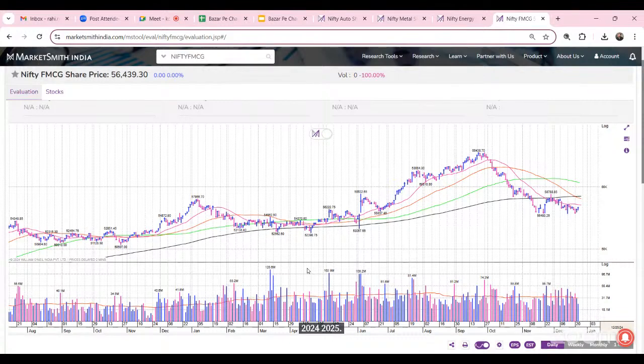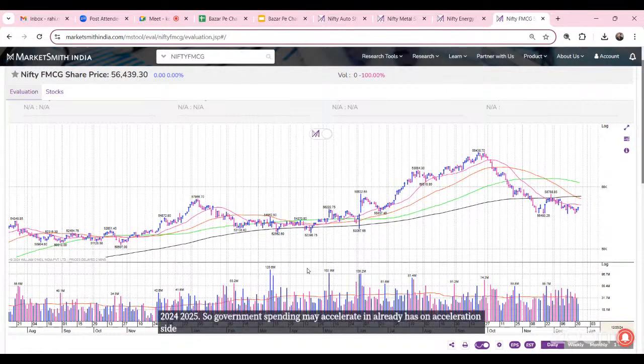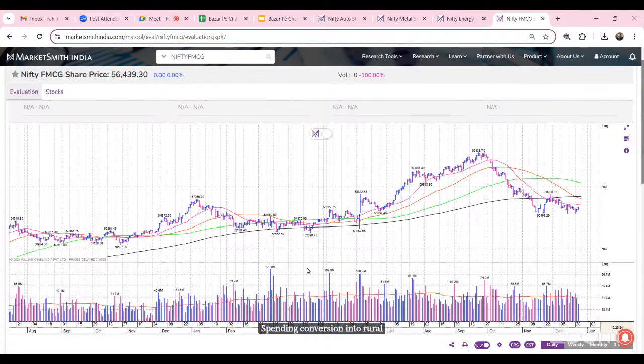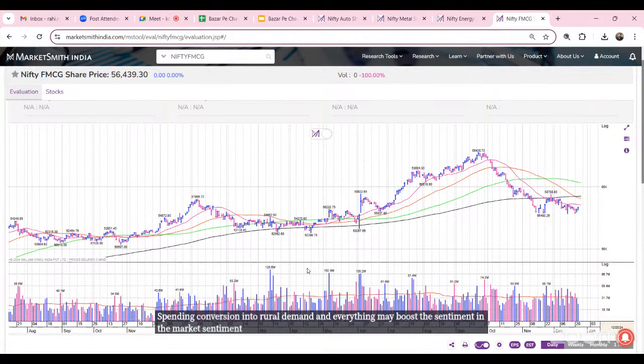Government spending may accelerate, or already is on the acceleration side. That is why cement stocks and everything are looking good. Or maybe for this FMCG index, because of all these reasons, converting that spending into rural demand may boost the sentiment in this particular index, the FMCG index.